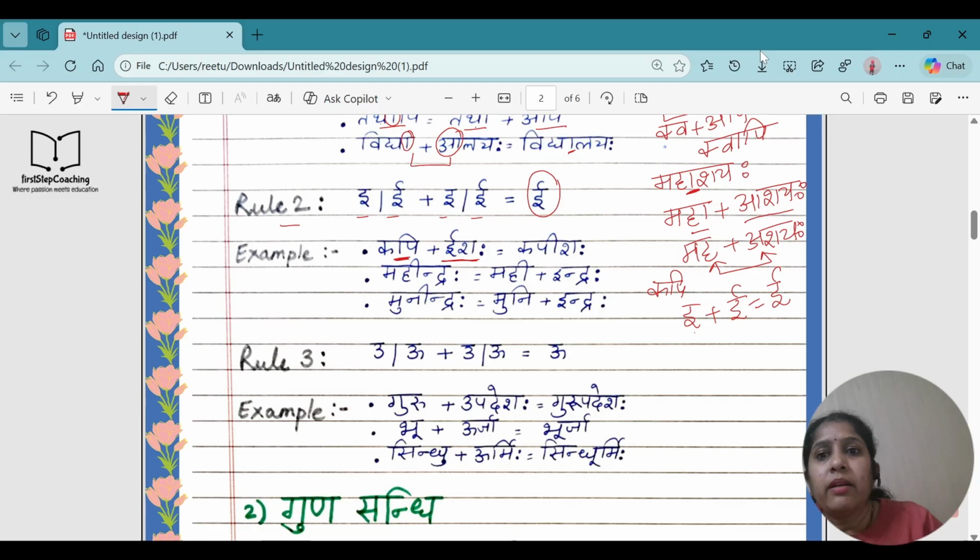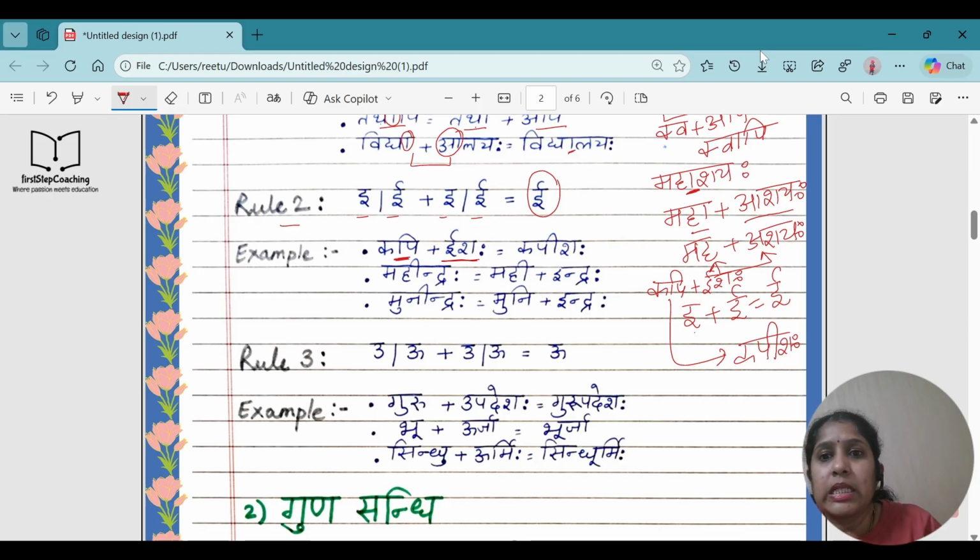The badi i will get added at the end of the first word, and in the second word, whatever the swar is there will disappear. So kapi plus ishah became ka, pa, and we know that i plus i is going to become bada i and shah. So it will become Kapishah.